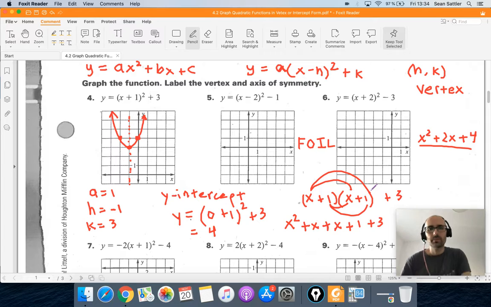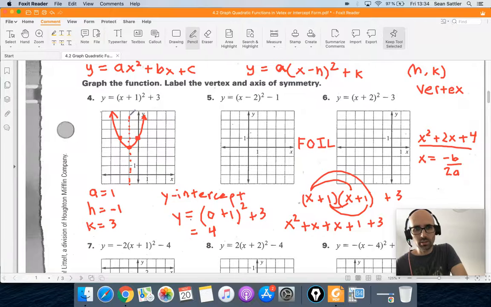And now another thing that we're going to confirm is, remember this equation, x equals negative b over 2a. That tells us the axis of symmetry, which we already know here should be at negative 1 because of this 1 right here.